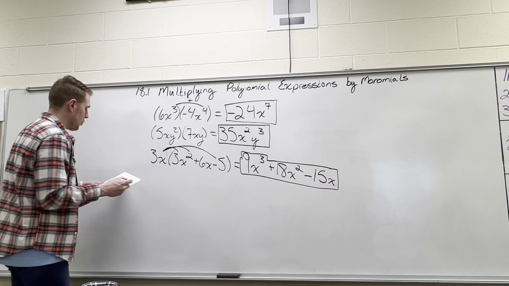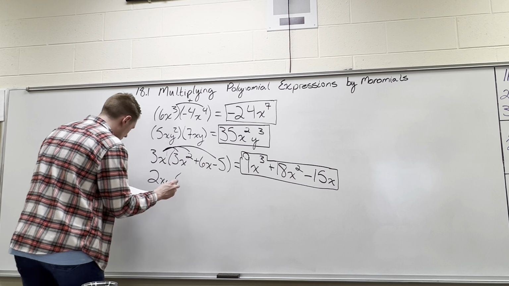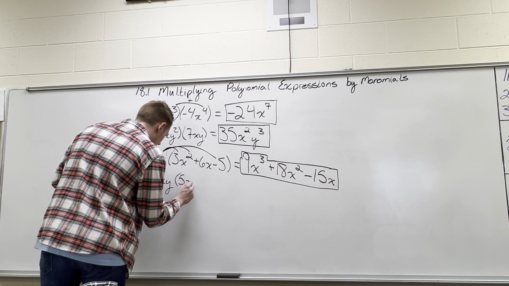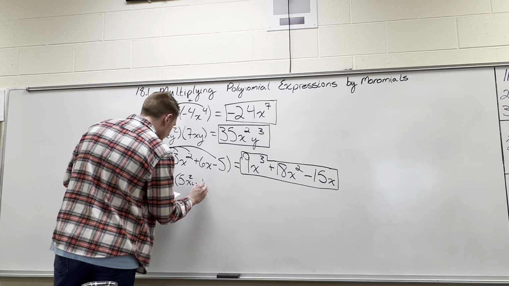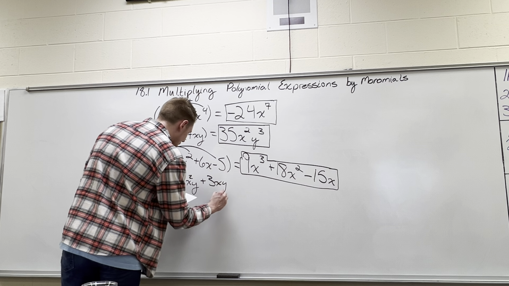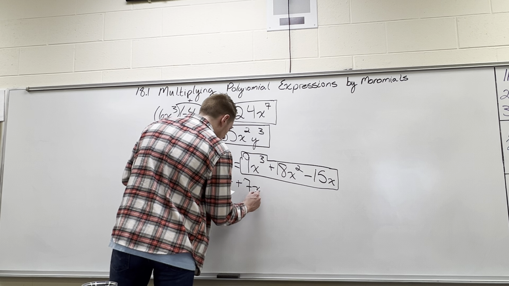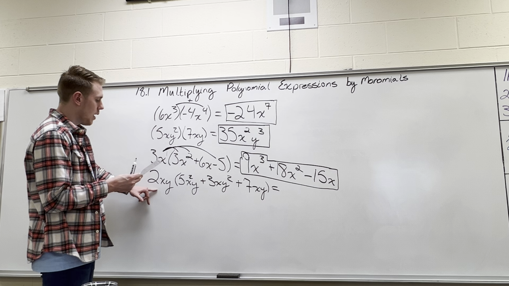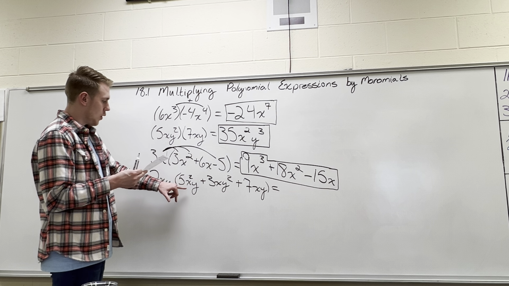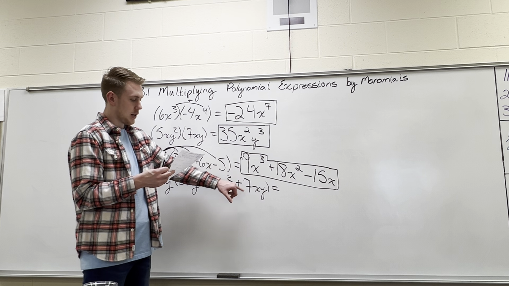All right, last one. 2xy parentheses 5x squared y plus 3xy squared plus 7xy. So you should have 2xy times 5x squared y plus 3xy squared plus 7xy.